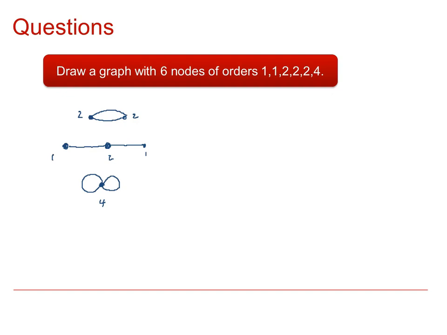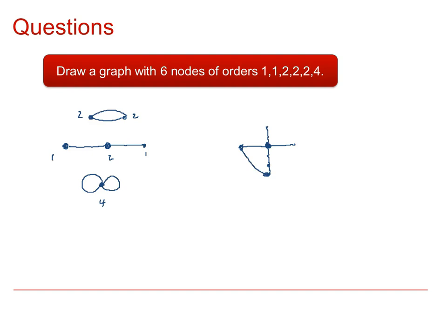We could draw another one, this time trying to make it connected. So here I'm going to first of all start off by creating a 4 node. Then I want to turn the nodes at the end here, 2 of them, into 2 nodes by joining them together. Then I've got one more line.